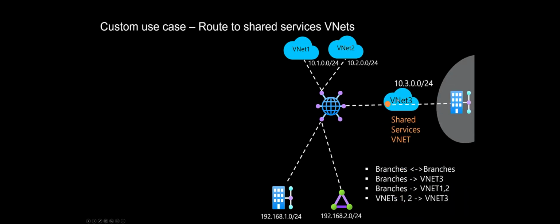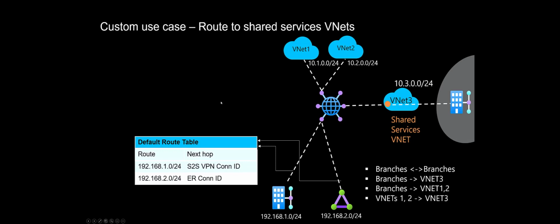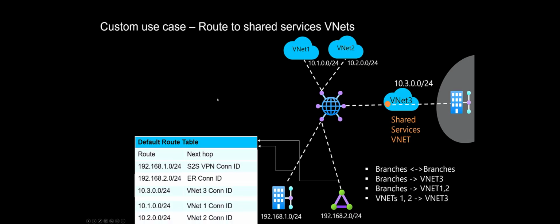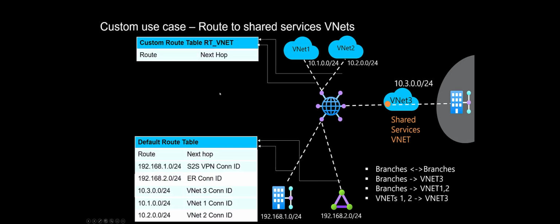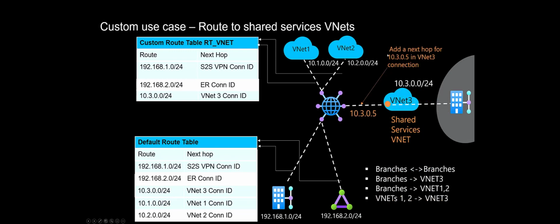And so, much like our previous example, we would add in VNet 3. The difference here is when we associate our default route table and our new custom route table, we're going to add in the virtual network 3 connection ID. And then from a virtual network 3 perspective, I'm going to specify a next hop in that VNet connection.